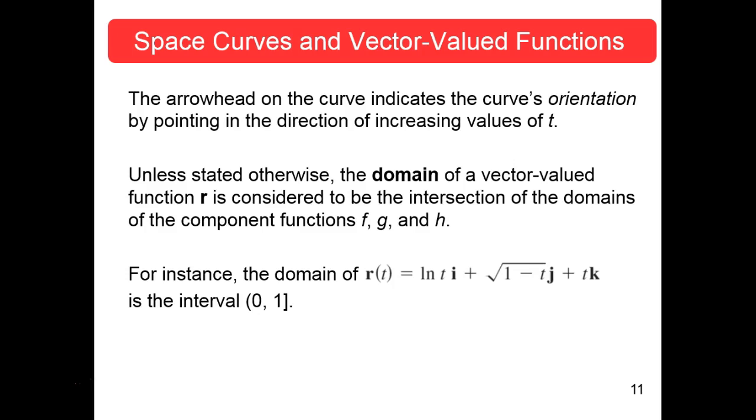So what if this is your vector-valued function: r of t is equal to log t i plus square root of 1 minus t j plus t k. Okay? What would be its domain? Can't be zero. And it also can't be negative.